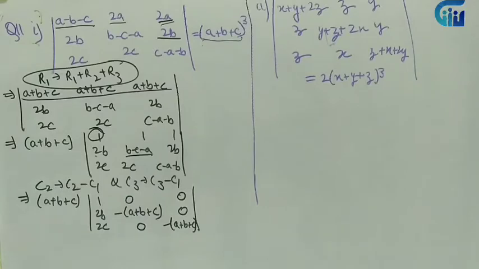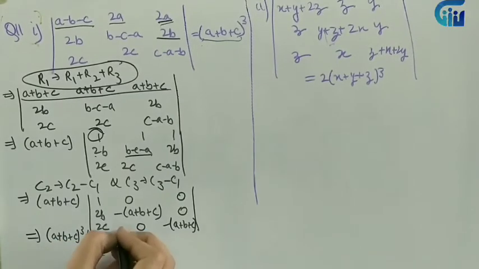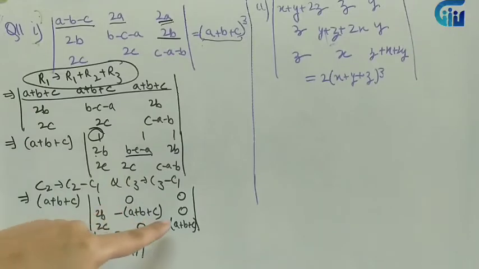So it will be cube of that particular expression. I'll write a plus b plus c whole cube, and whatever element is left out: this is 0, this is minus 1, 0, 0, 0. Sorry, this will be plus 1, plus 1, because I have taken minus and minus common, so minus into minus will give me plus.